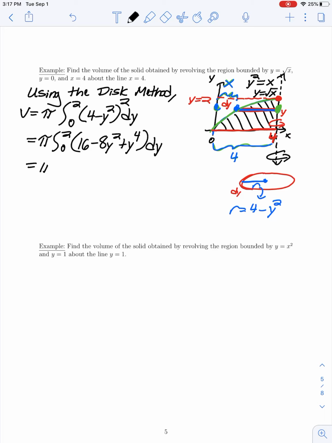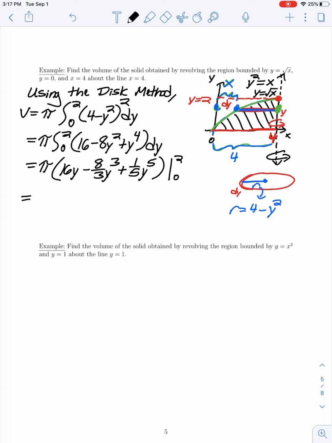And taking the antiderivative of this function, we have pi times 16y minus 8/3 y cubed plus 1/5 y to the 5th, evaluating from 0 to 2.